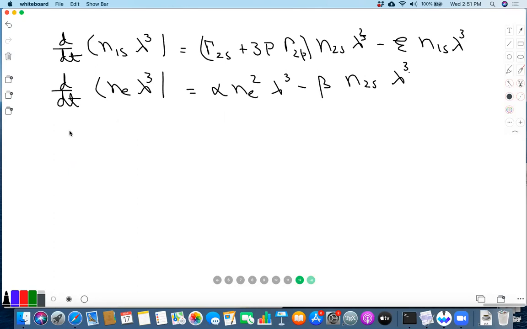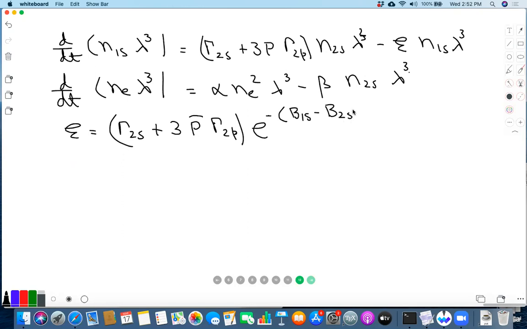Then you have the formula: E is given by gamma 2s plus 3 p bar gamma 2p, to the power minus (b1s minus b2s) by T. And we had given beta earlier. Okay, now I'm not going to give the expression for beta anymore.